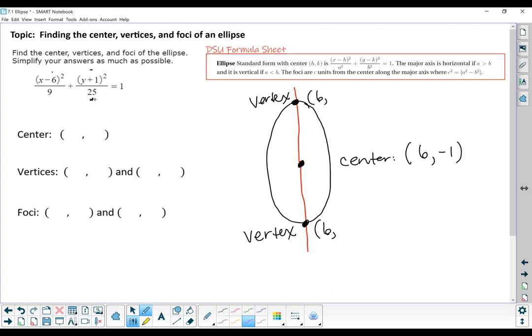Now remember from graphing, we need to count out in the y direction by 5. If we add 5 to our center at -1 to go up, this one is going to have a y coordinate of 4. And to go down to this vertex, we count out 1, 2, 3, 4, 5. So this is -1 minus 5, that's -6.